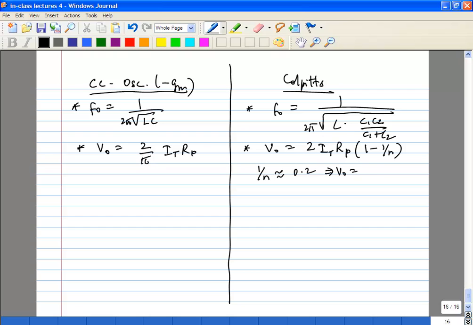So this happens to be 1.6 I_T R_P and this happens to be 0.64 I_T R_P. So the Colpitts is better as far as amplitude goes for a given current and a given R_P.